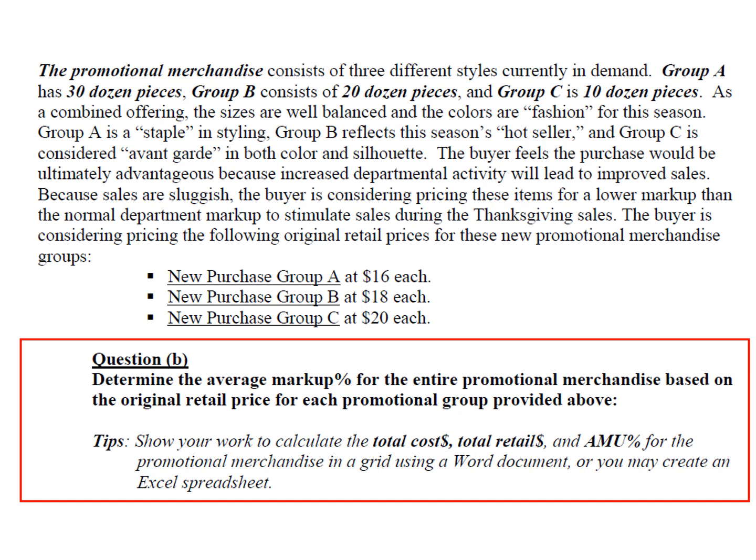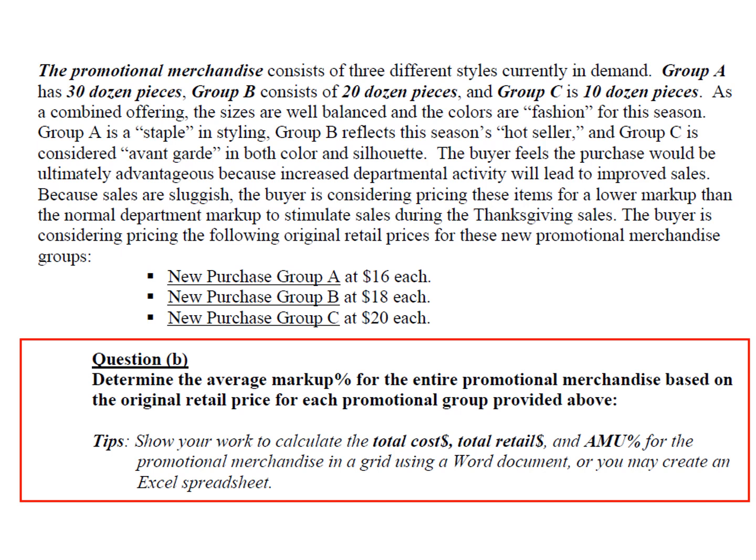So you basically have to calculate the average markup. You know the quantities for each group and their original retail prices, and you know the unit cost because that was given in the initial setup at the top part of the case.